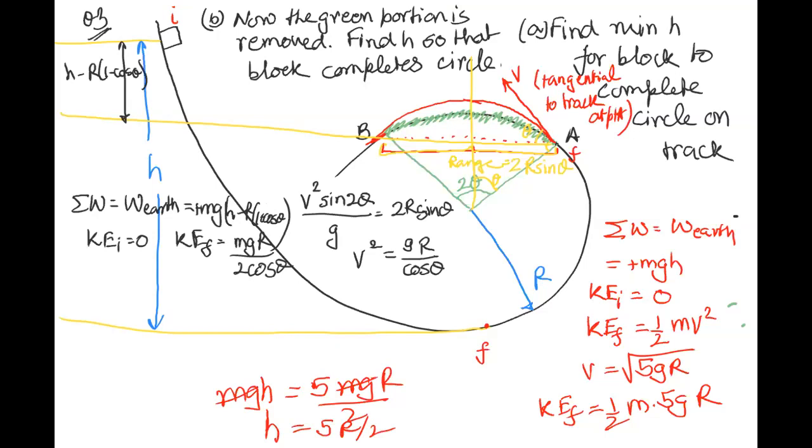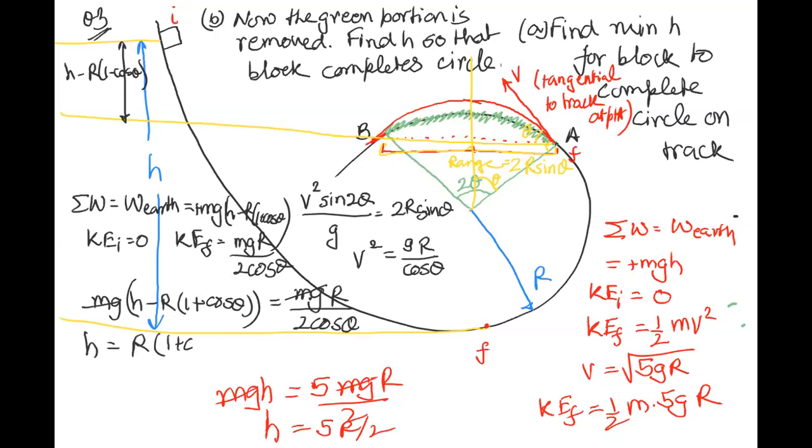So I will just equate mg into h minus r into 1 plus cosine theta must be equal to final kinetic energy mgr upon 2 cosine theta. mg cancels out, h is equal to r into 1 plus cosine theta plus 1 upon 2 cosine theta. ये फैक्टर मैं निकाला था मेरे ख्याल से बात. This must be the height.